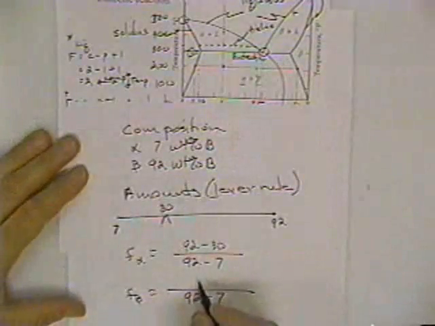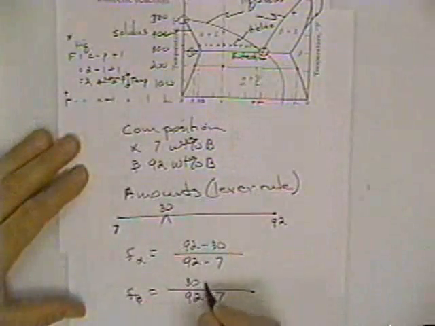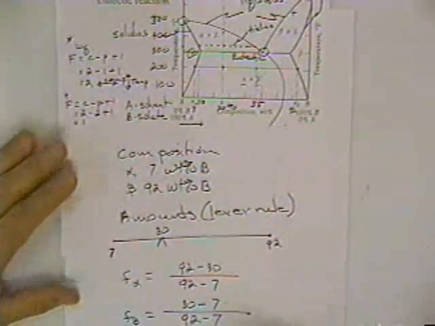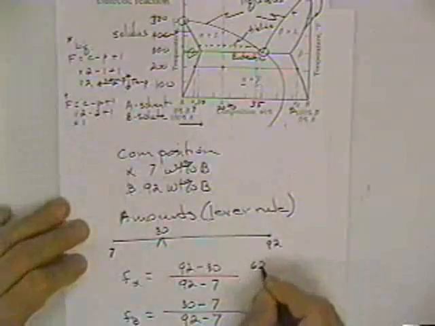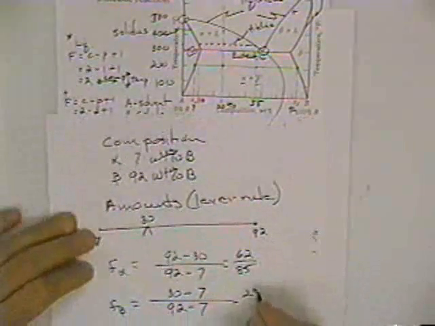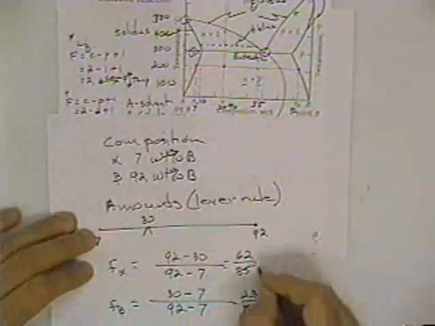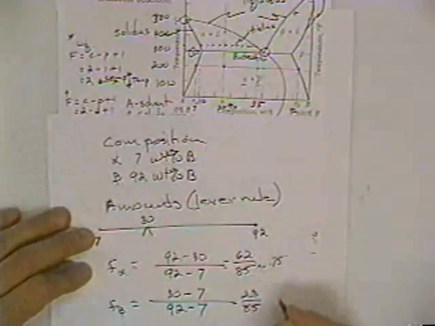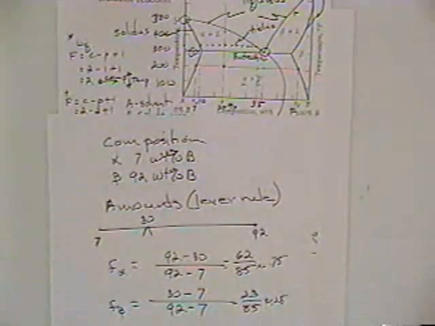And then the fraction of beta is going to be 30 minus, what did we say that number was? 7. 30 minus 7, so we'd have 62 over 85 and 23 over 85. So looks like on the order of 3/4, on the order of 0.25.